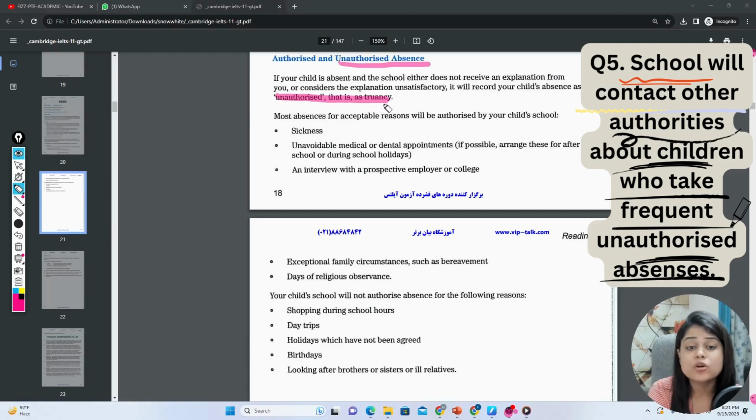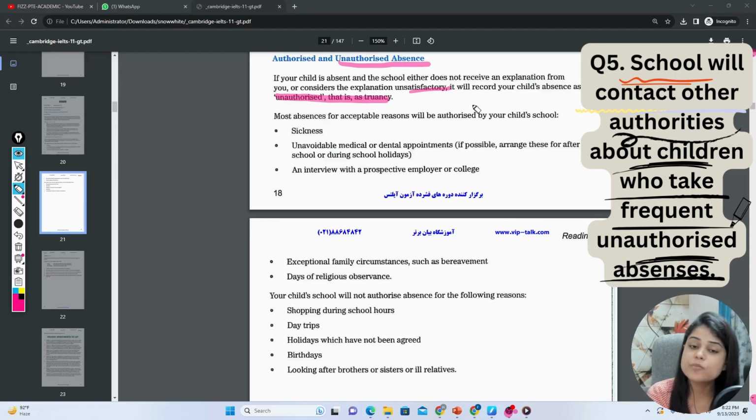So what they are trying to say is that if your child is absent and the school is not getting any information that your child is going to miss the class, they will consider the explanation unsatisfactory and it will record your child's absence as unauthorized.